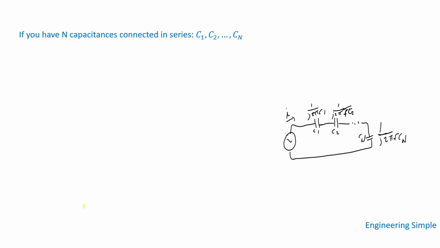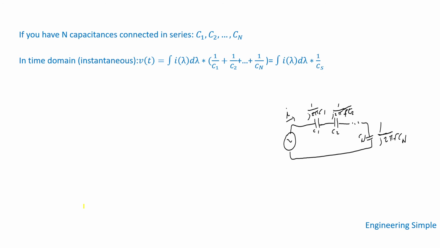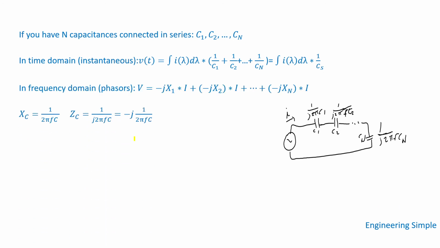So if we have a bunch of capacitances connected in series, call them C1, C2, Cn, then in time domain, as we saw previously, the voltage is just the integral of the current times 1 over the equivalent capacitance of all the capacitances in series.